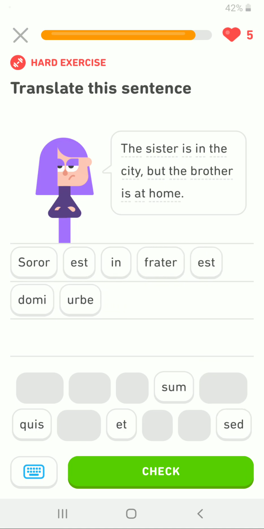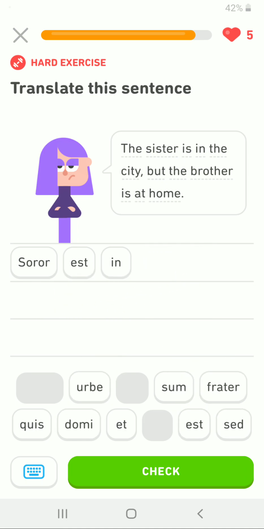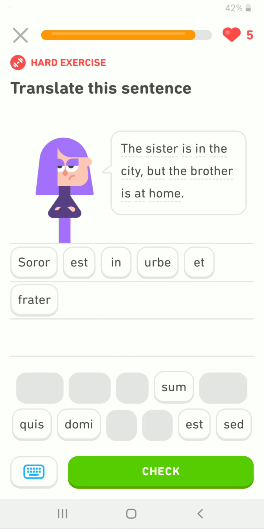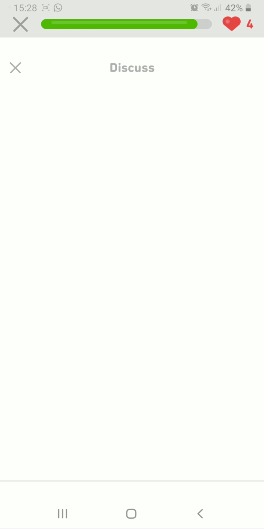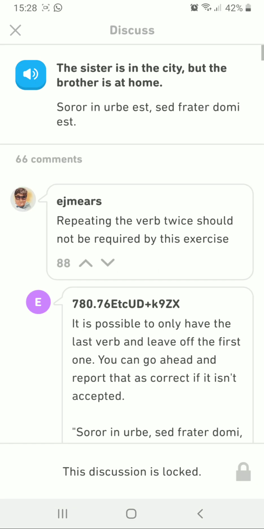Soror est in urbe, sed frater domi est. I think this is right. The other way should be accepted as well. I don't see why. Let me see.